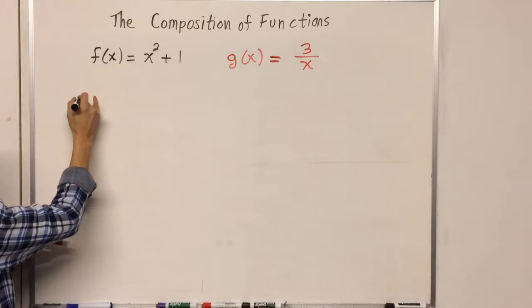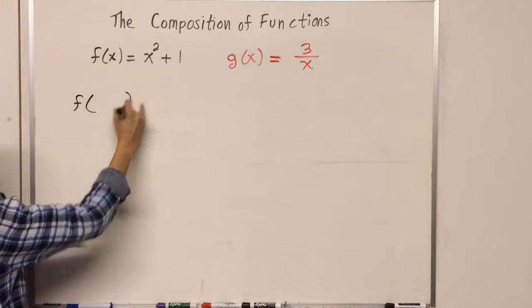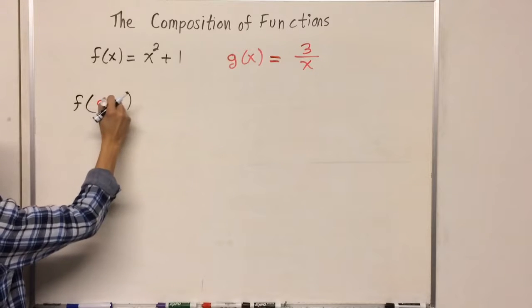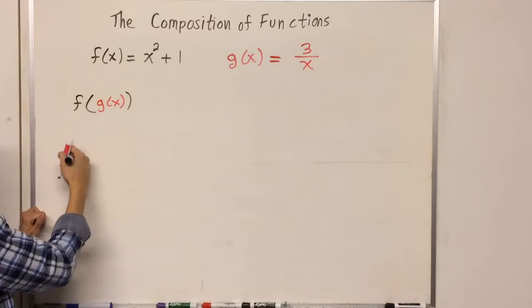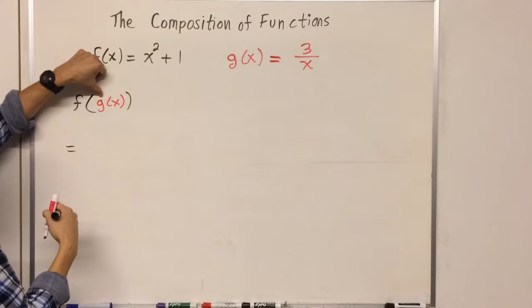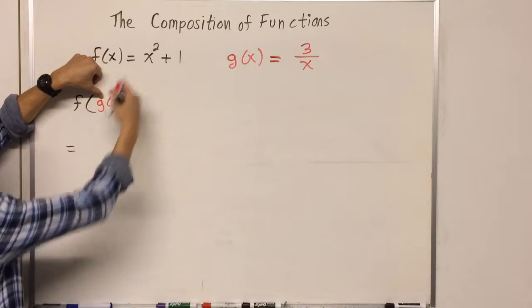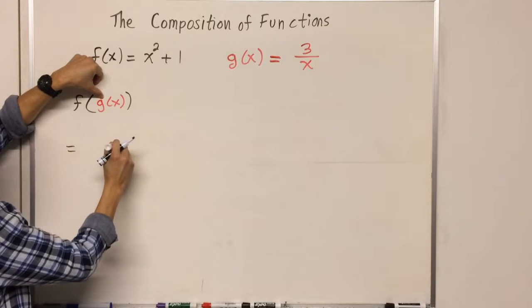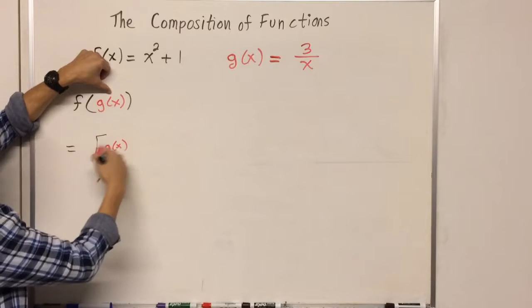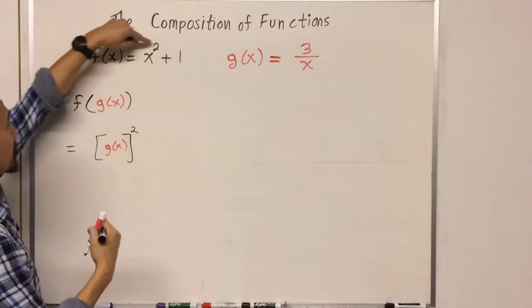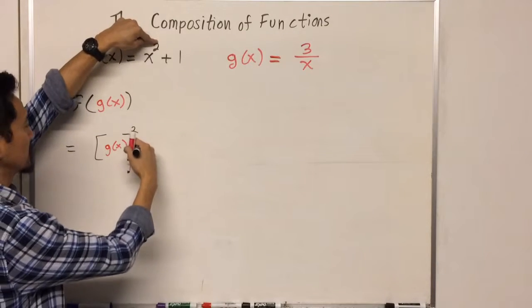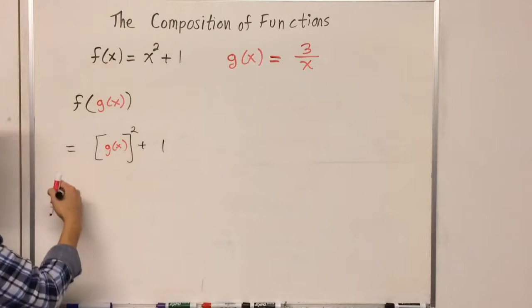So if I ask you to find f of g again, now you've got g as your input, but this function is going to take that input in red and square it. That's the first action f does to its inputs, and then it will add one more.